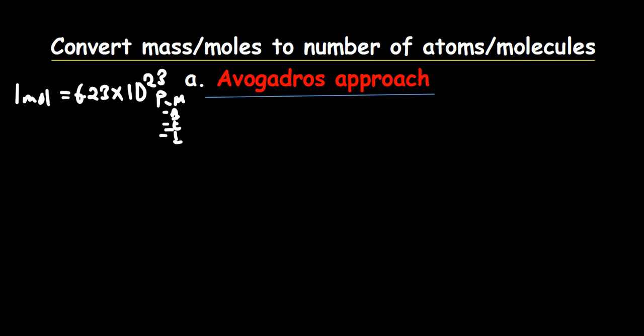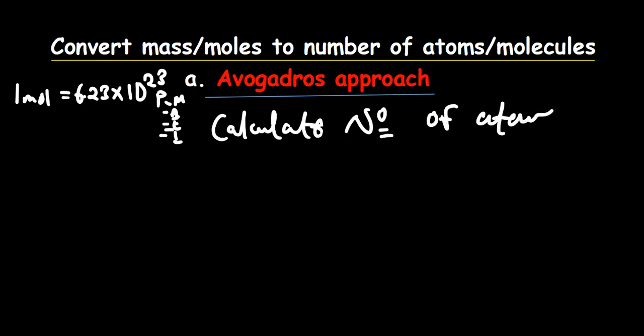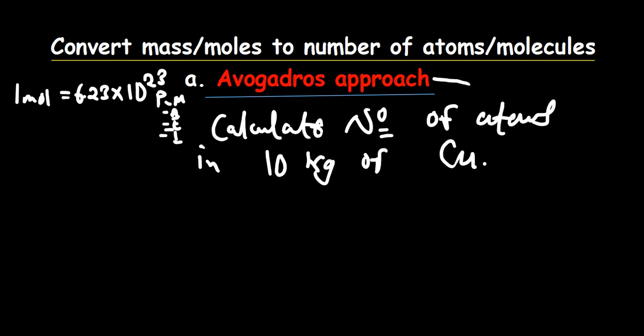Now an example can say: calculate the number of atoms in 10 kilograms of copper, using the Avogadro's approach.